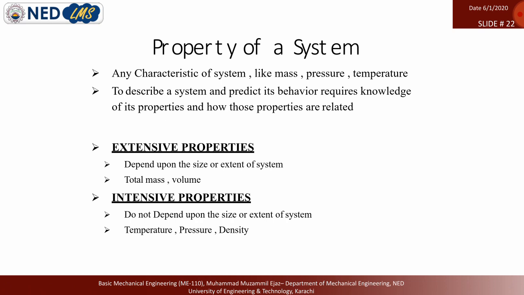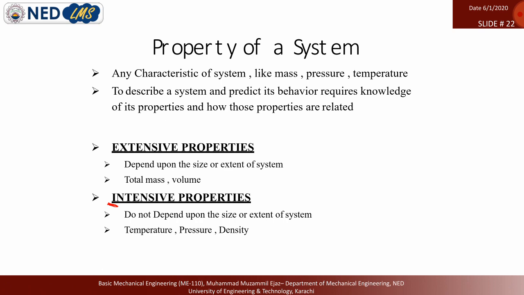You can easily memorize which are the intensive properties and which are the extensive properties by the starting letter of intensive, which is I. So you can memorize that intensive properties are independent of the size or extent of the system. From I you can relate independent, so you easily memorize what an intensive property is.